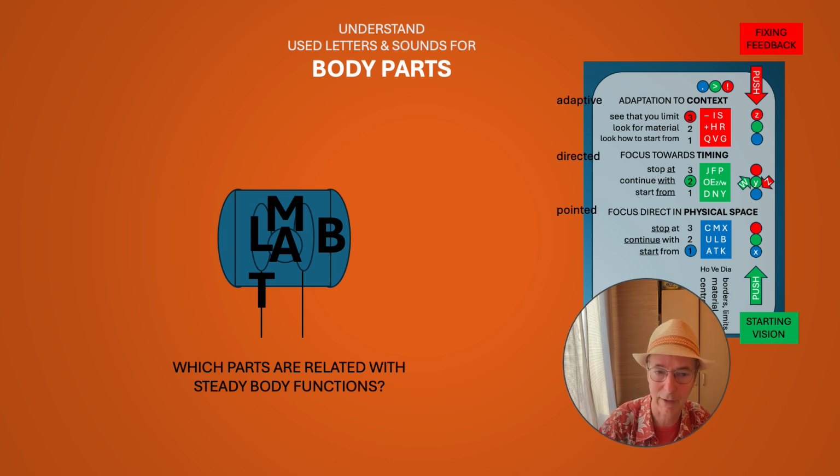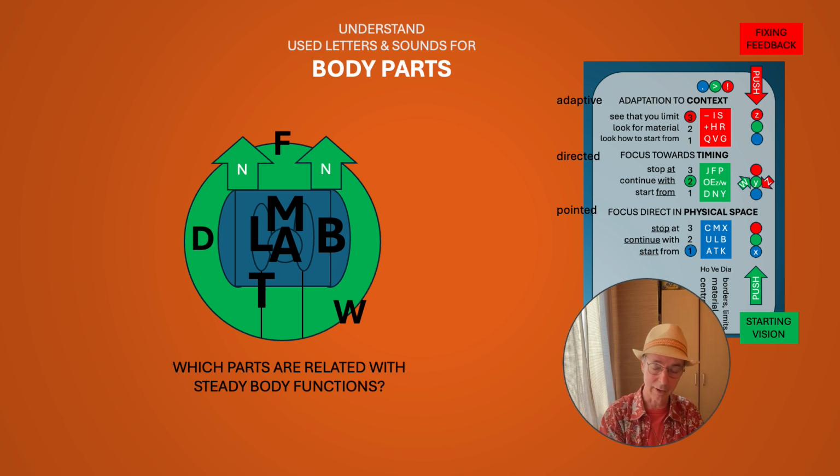That's what you have, and that's where these letters are. But these are for the steady points. The body parts that you might try to define with letters, do they fit with this foundation? Probably not.